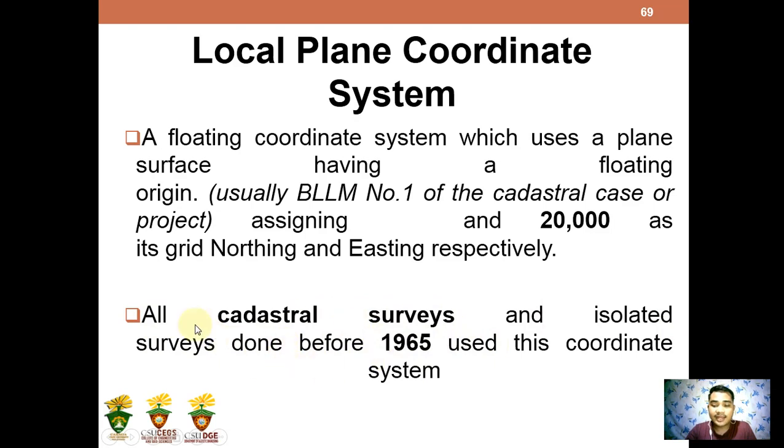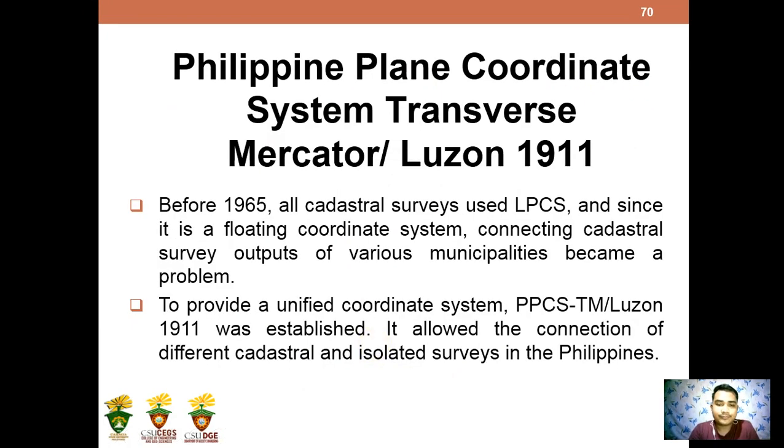After 1965, the Philippine Plane Coordinate System Transverse Mercator, or PPCS-TM Luzon 1911, was used.